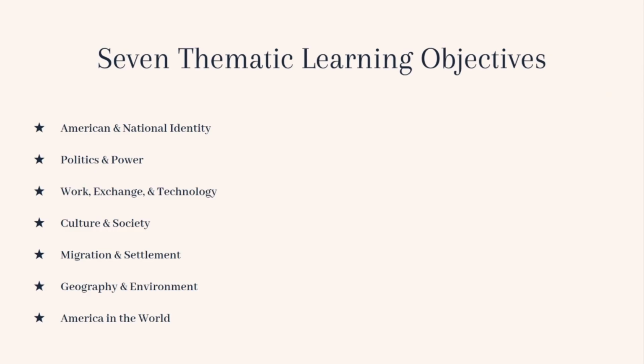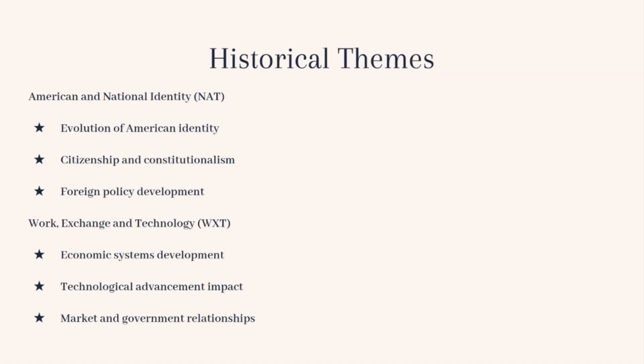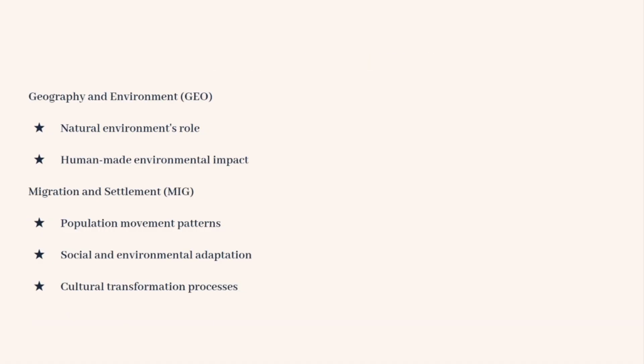There are 7 thematic learning objectives: American and national identity, politics and power, work exchange and technology, culture and society, migration and settlement, geography and the environment, and America in the world. American national identity is going to be the evolution of the American identity, including citizenship and constitutionalism, foreign policy development. WXT, or work exchange and technology, is going to be economic system development, technological advancements, and market and government relations.